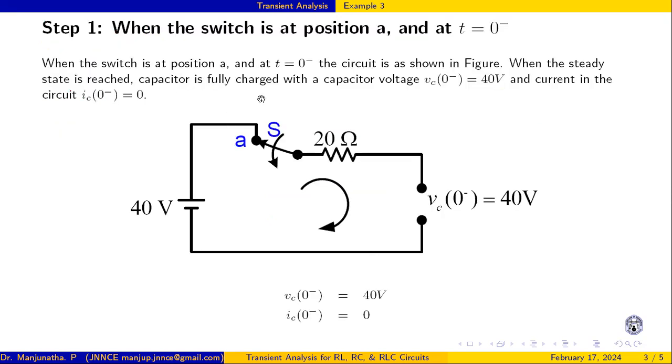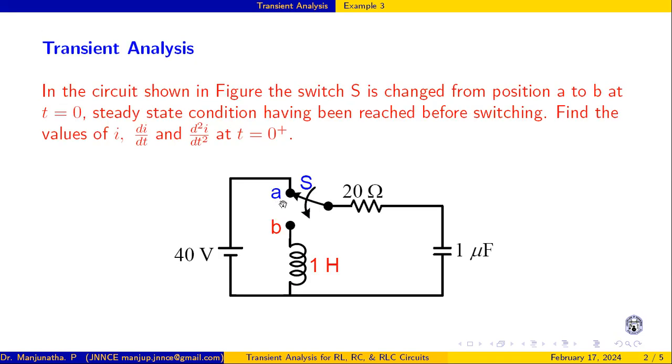When the switch is at position A and at t is equal to 0 minus, before changing from A to B, what happened to this circuit? We have to do that analysis. What is the meaning of steady state?